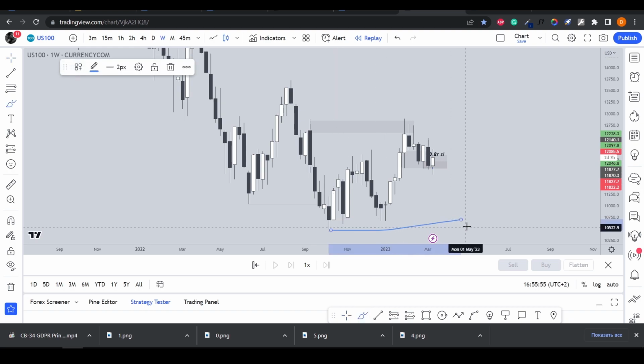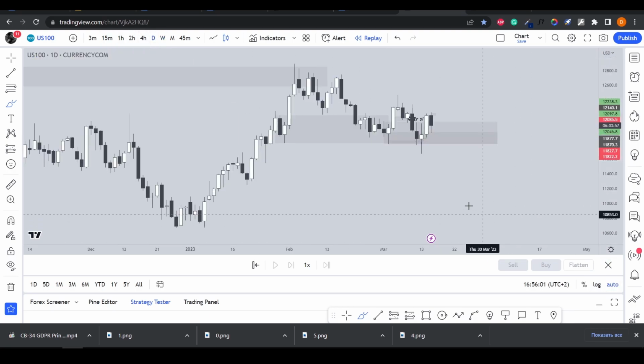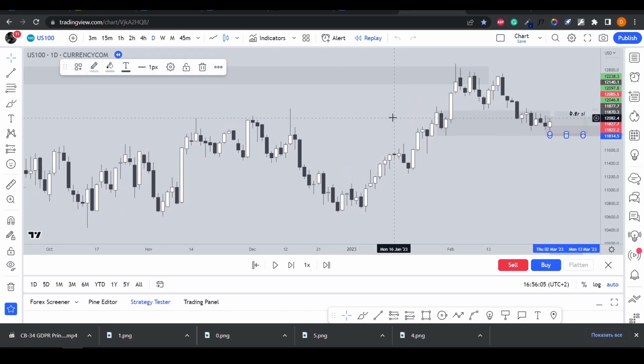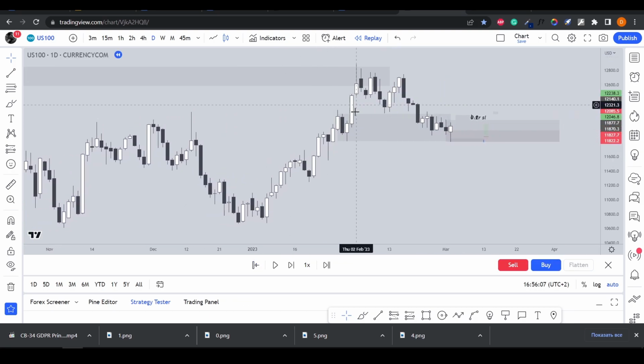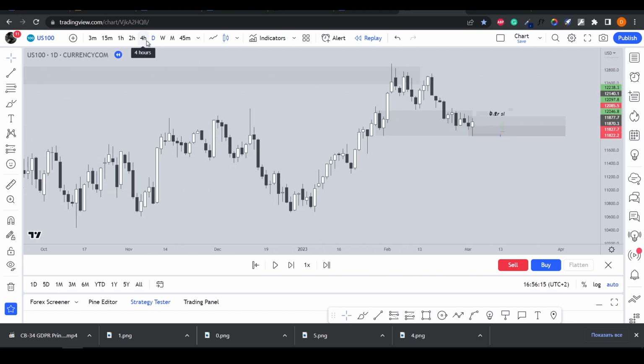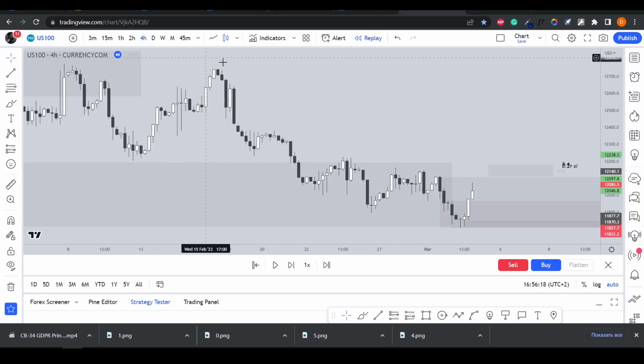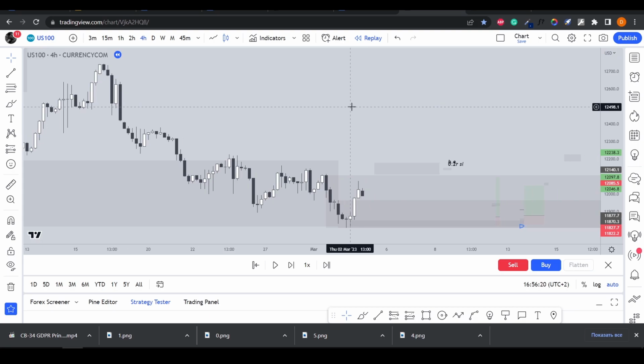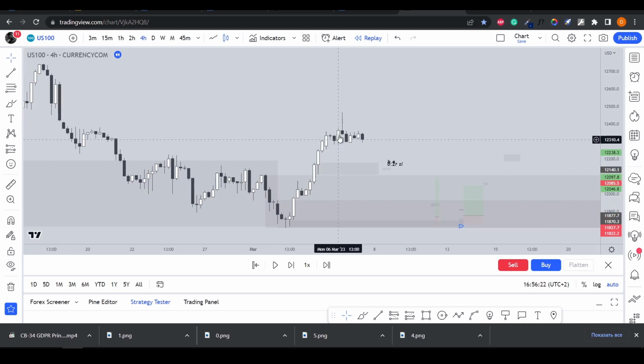So right now from the weekly we are looking at this level to be cleaned up, but on the daily we were still holding bullish structure at the moment of the trade, so we are mitigated but still holding bullish structure, and I was playing from this daily bullish leg. And in addition to this we had this 4 hours break.